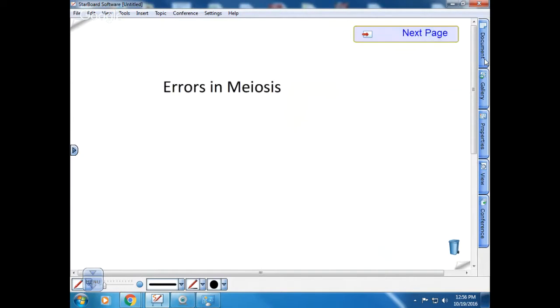Okay, so one problem that we have is that we can get errors in the way the chromosomes separate during meiosis. And so one way that we can get an error is through what is called non-disjunction.